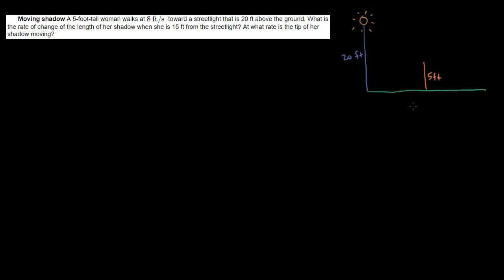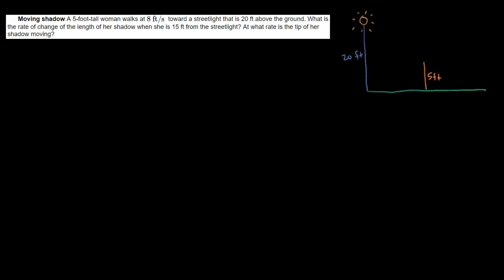Now, what does the shadow look like? If you have rays of light going off in every direction, those rays of light are going to hit this person, be blocked by her, and hit the ground. The shadow is going to be like this.